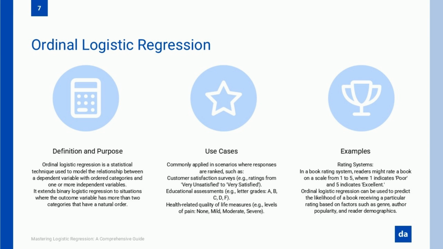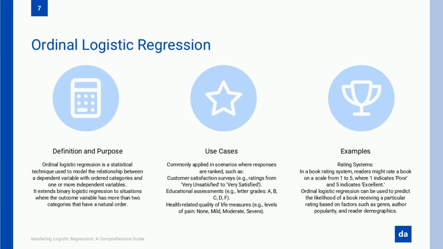Think of it this way. Instead of predicting, will this customer be very satisfied? Ordinal logistic regression asks, what's the probability that this person is at least neutral? What's the probability that they are at least satisfied?